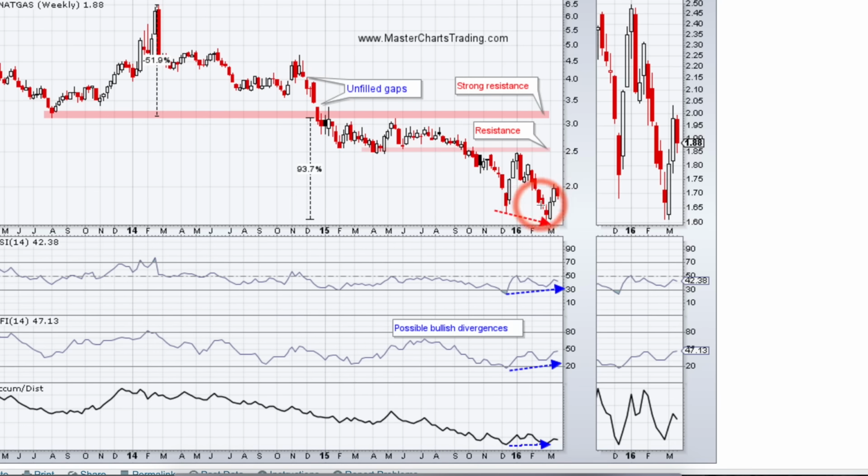Yes, we had a very prolonged downtrend in natural gas prices, but we're seeing some potential divergences. However, once again, divergences should be taken with a grain of salt, because, for example, right here we had a potential divergence.